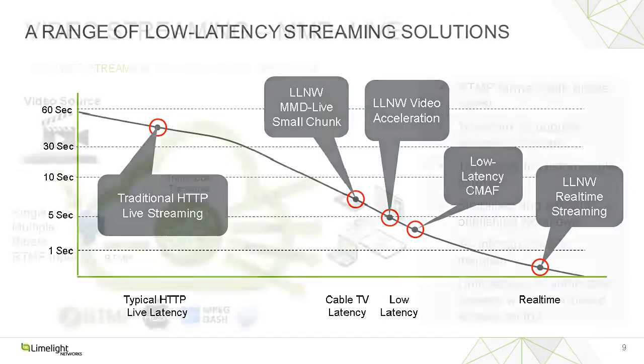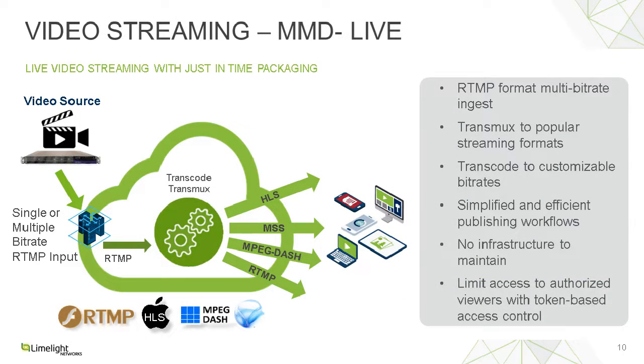So before we get into real-time, let's again go back a little bit to the start of the latency paradigm with MMD Live, where we're taking in RTMP to our MMD Live servers. We're doing just-in-time packaging here. So we have the option of doing single or multiple bit rates of RTMP input.